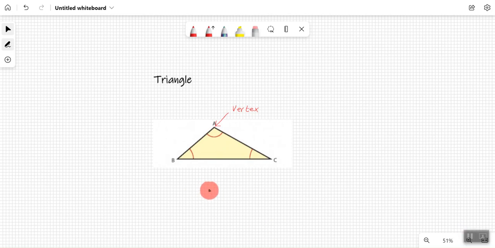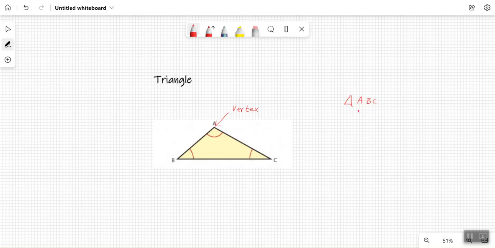So how would we name this triangle? We could call it the triangle A, B, C, or we can use this symbol here, which means the triangle. Just like a little triangle, and then they put in A, B, C beside it.